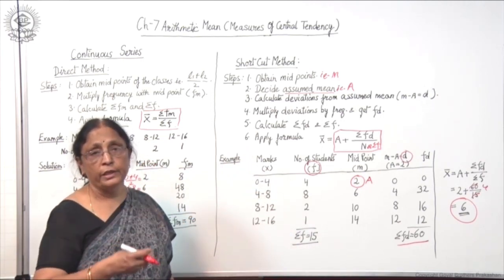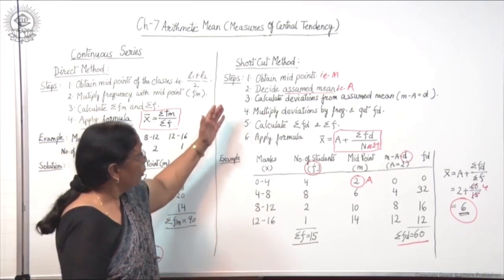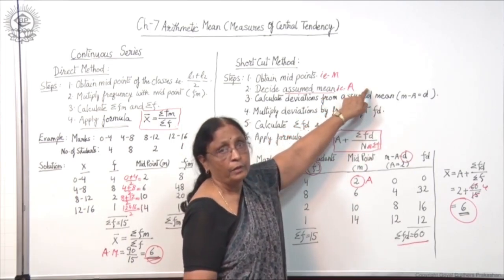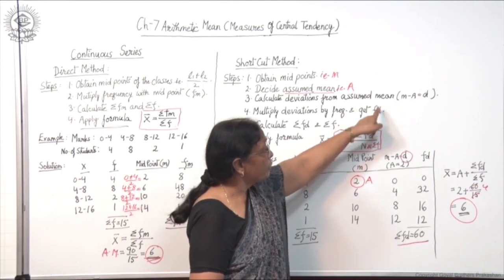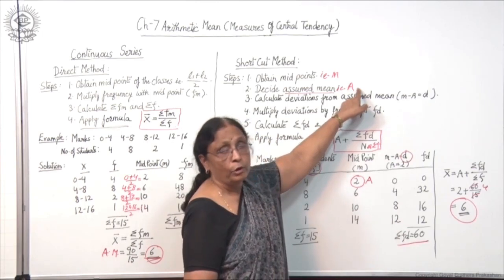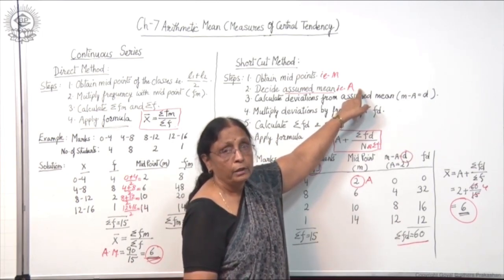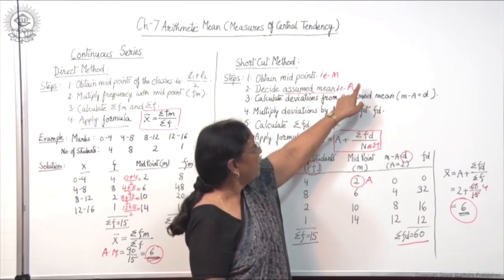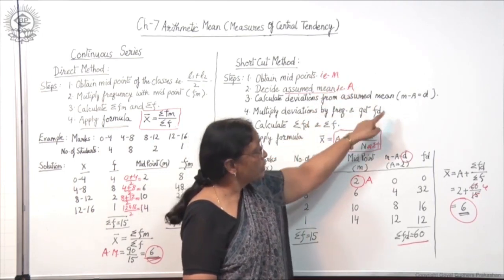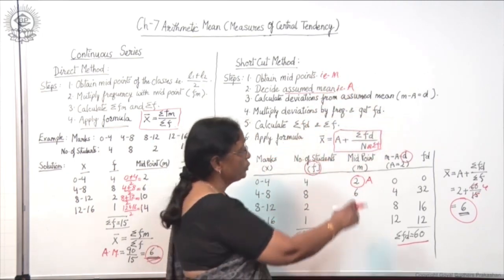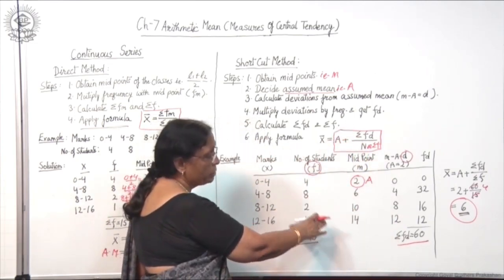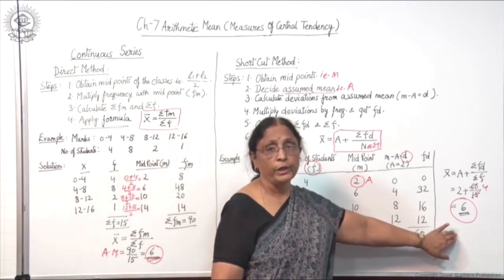All the steps are in the same order, because you cannot calculate sigma FD until you calculate D. For calculating sigma FD, first you have to calculate D. Same way, for calculating D, you have to assume a mean, that is A. And for getting A, first we have to calculate the midpoint. So the steps go one by one. Then you reach the formula, and after that you apply the calculations and then apply the formula to get the answer.